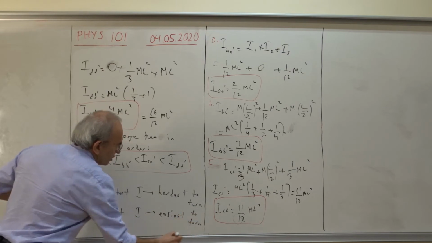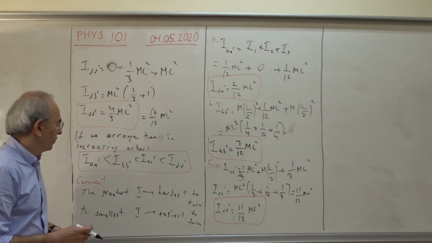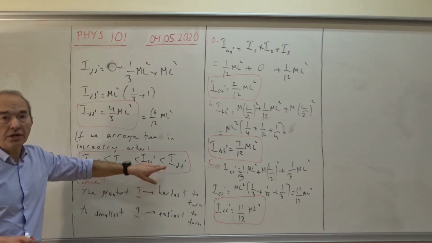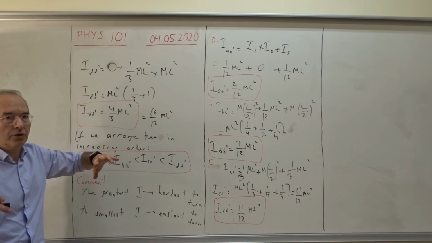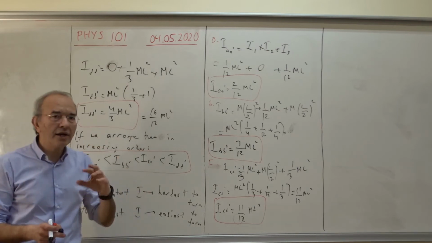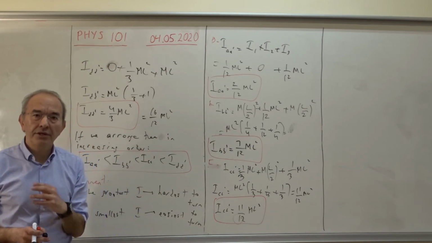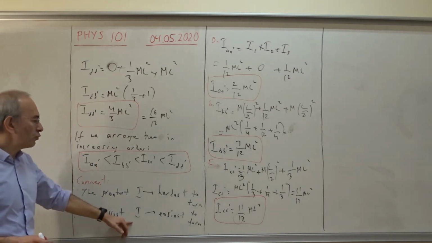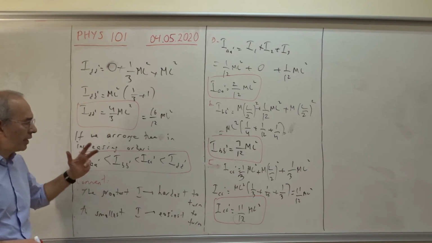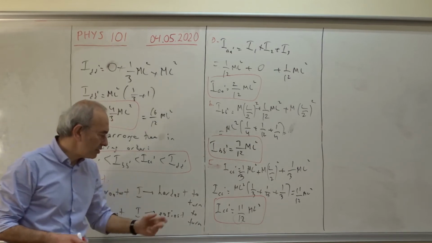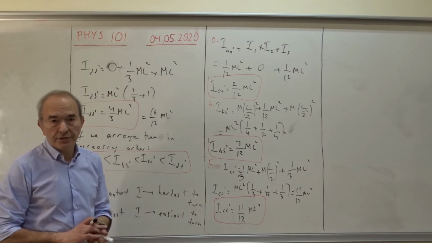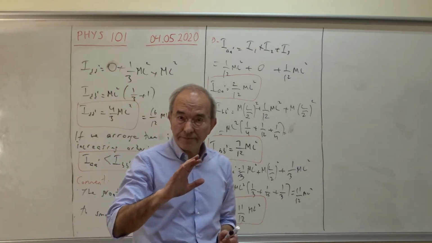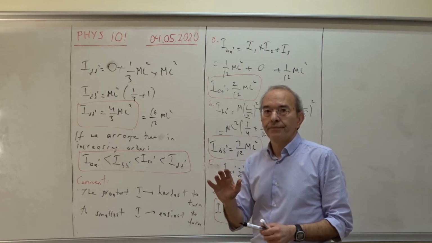Don't forget, please, this kind of conclusions. The greatest I value in a system, for example, corresponds to the hardest way of turning it, the greatest difficulty shown against you. And the smallest one, such as here I A A prime, for instance, corresponds to the easiest way of turning it. Although the sum of the masses do not change, the sum is the same.